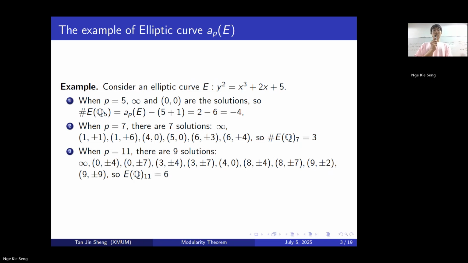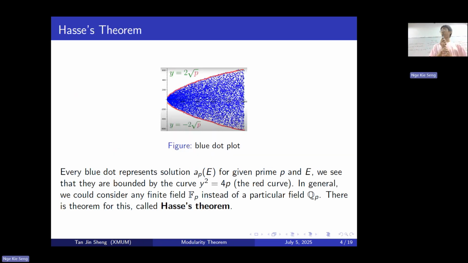So when we plot the solutions, given the prime p and the error a_p, we see that they can be bounded by the curve y squared equals 4p, the red curve you see in the figure. And in general, this is a theorem called Hasse's theorem.